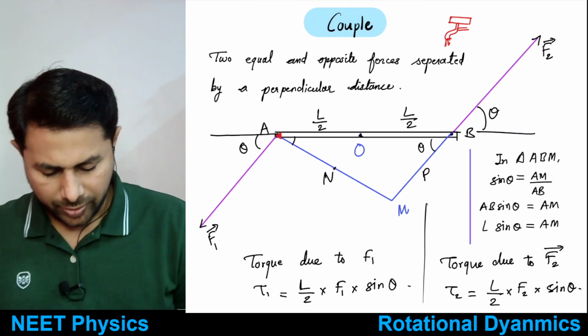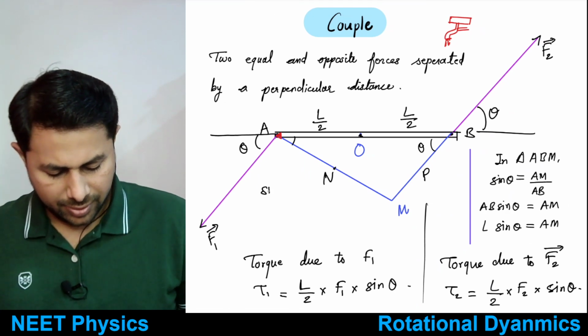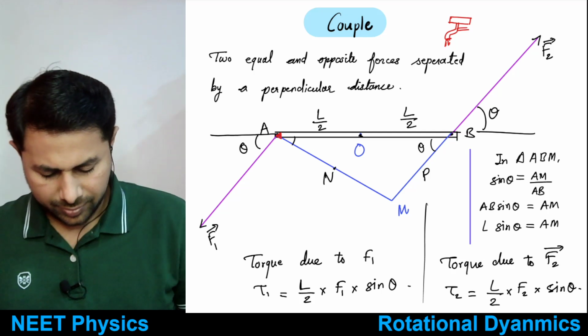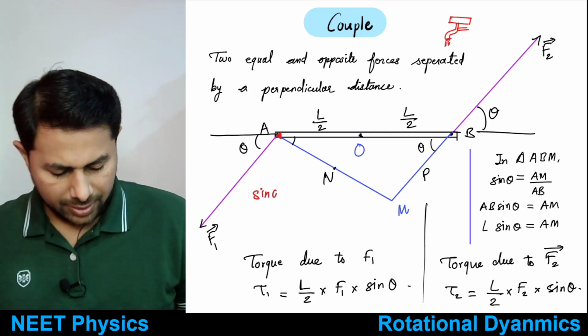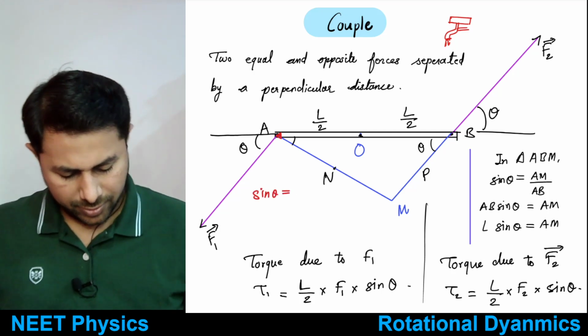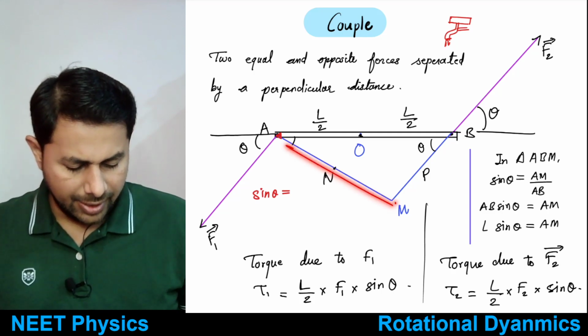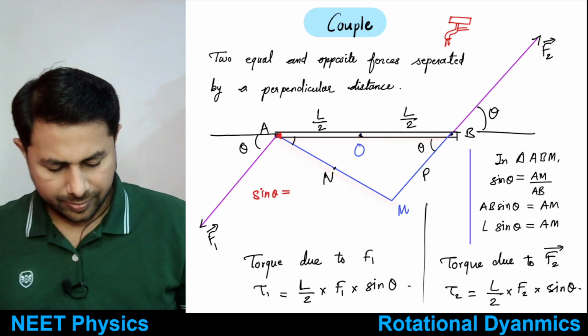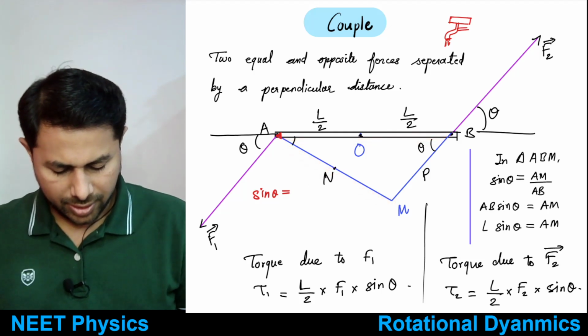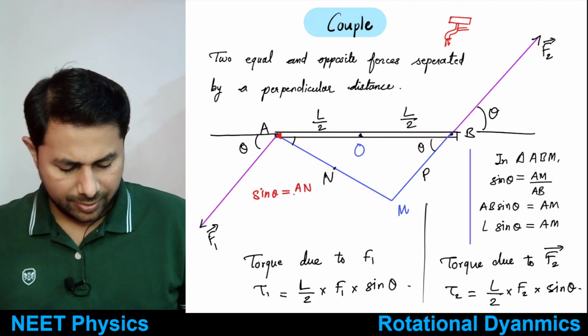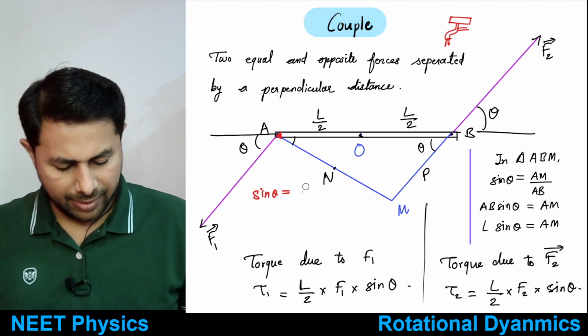What is sine theta here? Sine theta is equal to AM divided by AB.